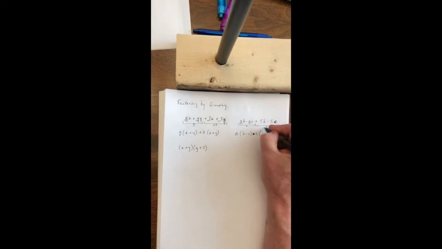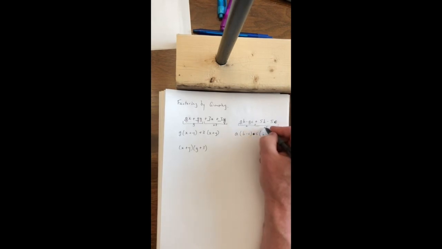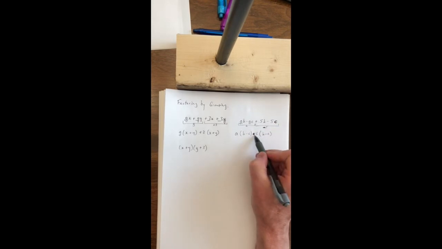Let me go the other way. Let's say I pull out a minus 5. 5 divided by minus 5 gives me a minus 5.